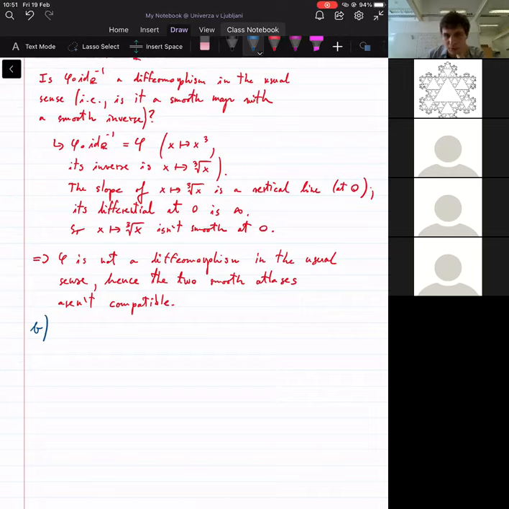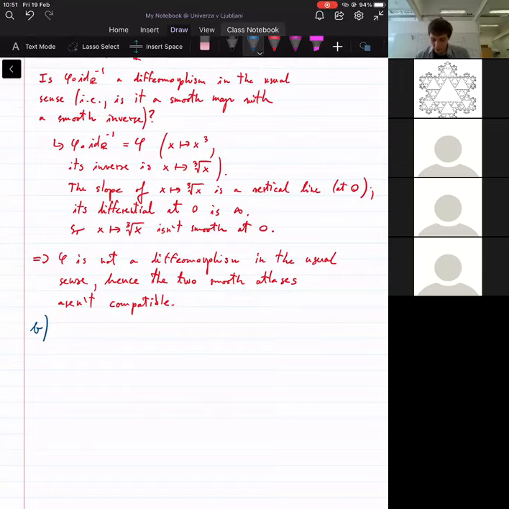Okay, that's a little too little. So we compose it with charts. Yeah, that's more or less everything we've got. We have to compose it with charts and check locally. So in these charts, a certain map is a diffeomorphism or a smooth map in the usual sense, right?